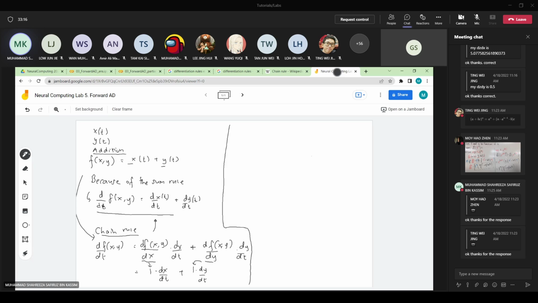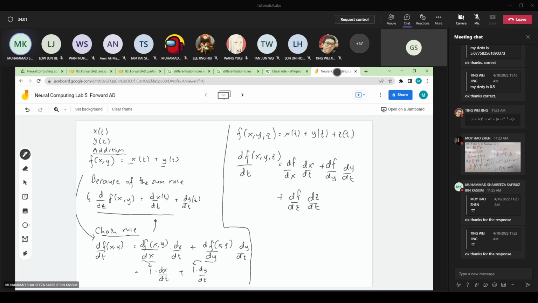So for example, if f is a function of x, y, and z, and all of these are functions of the same variable, x of t, y of t, and z of t, then deriving the partial derivative of f with respect to t, you have to do, I'll just write it very quickly, df/dx times dx/dt plus df/dy times dy/dt, and there's another term that you have to add here, because of the chain rule.